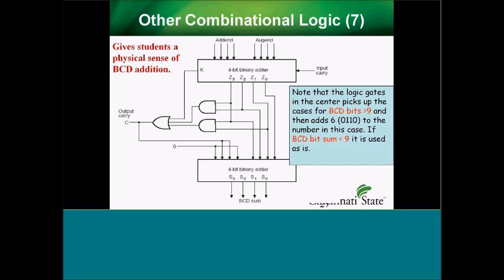What this does is that you can see that if you have a situation of 10 or higher, this is what that AND and that OR is for. Then it will add the number 6 to the sum, and then convert that back out, and then that will be a BCD sum. So this is a very cool circuit, and we built these too.